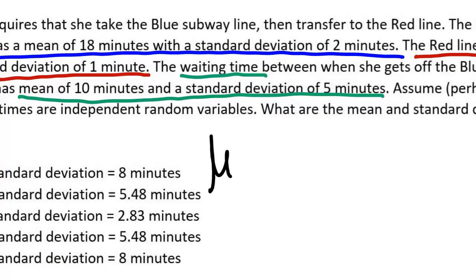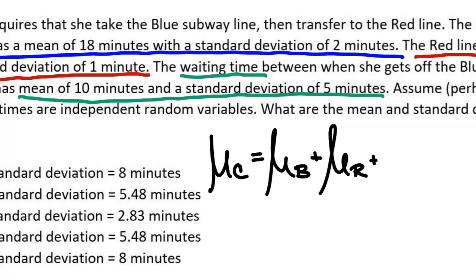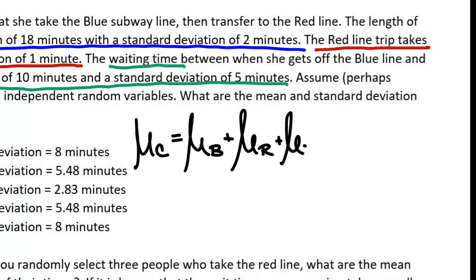So the mean of her commute, she's adding all these times together, right? So we would do the mean of the blue line plus the mean of the red line plus the mean of the wait time in between. Because she's got this waiting time in between the two subways. So mean for the blue line is 2 minutes.